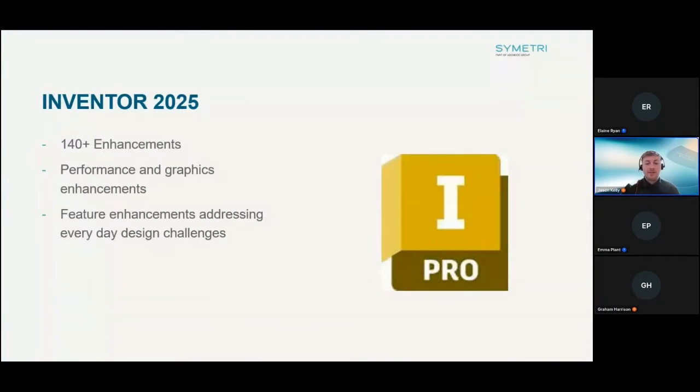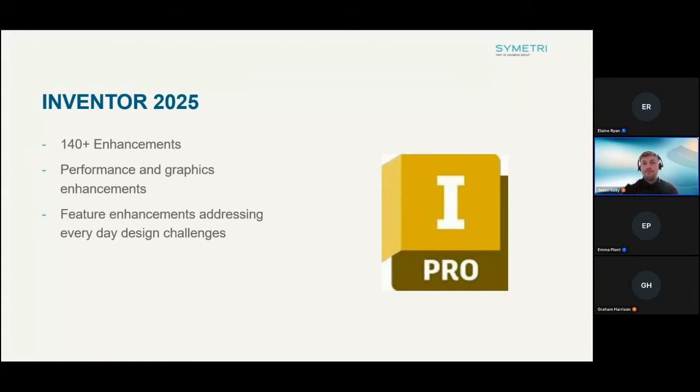Okay, so let's get started then. In this release, Autodesk have introduced over 140 new features. So obviously throughout the webinar today, I'm not going to get a chance to run through every single new feature, lots of these small clicks and picks. But I've picked some of the main features and the main tools that will affect you.